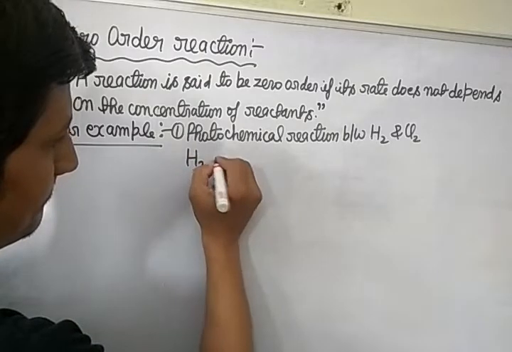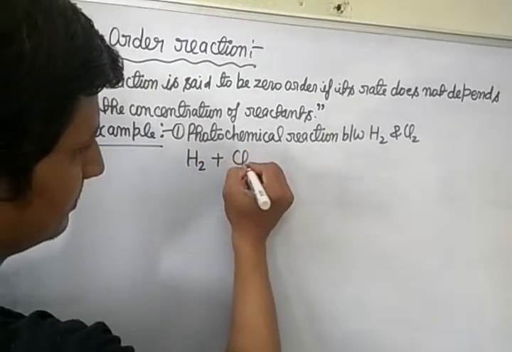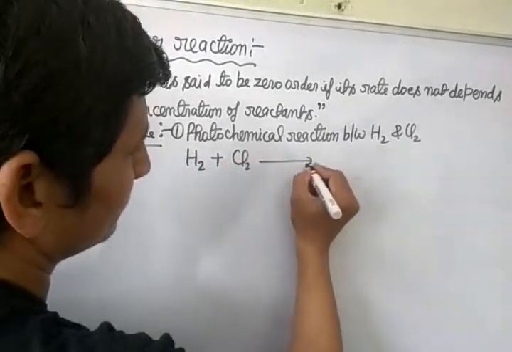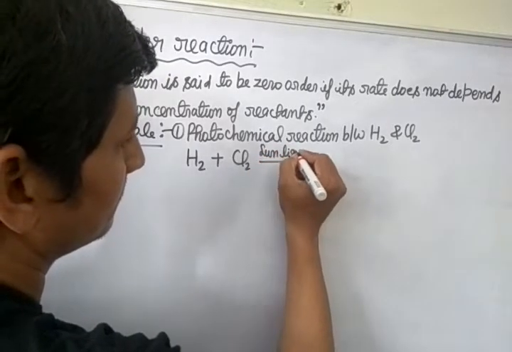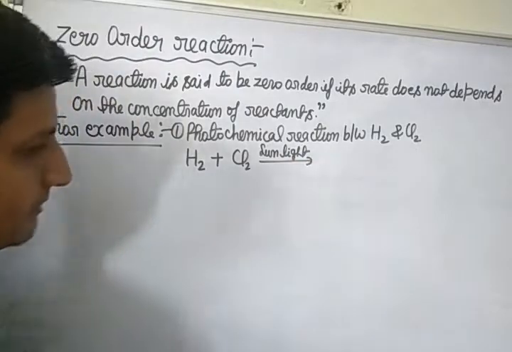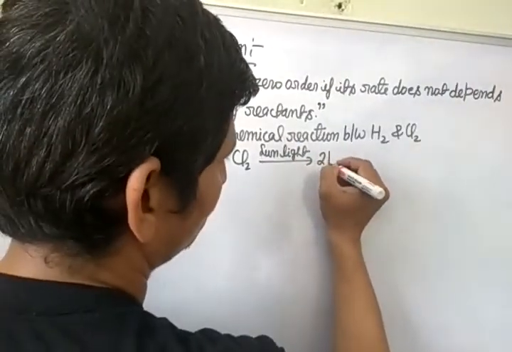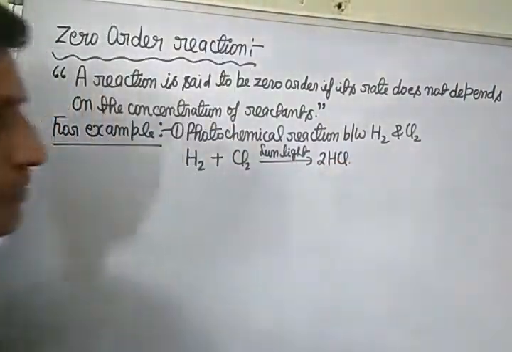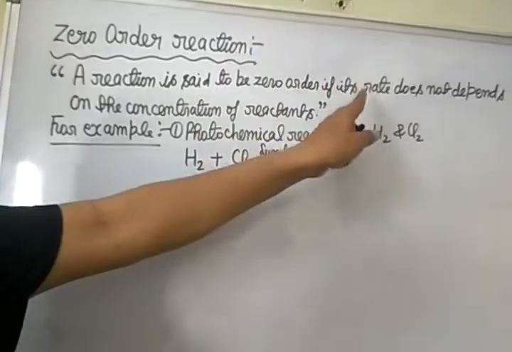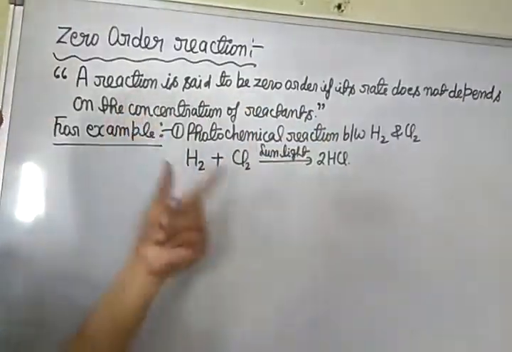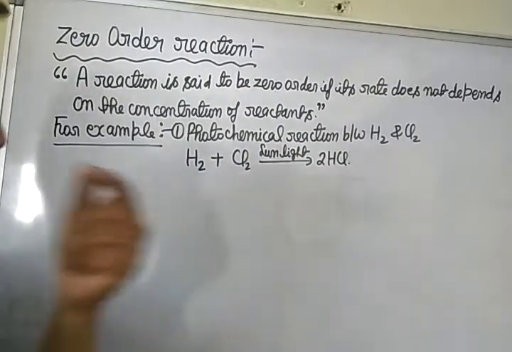H2 plus Cl2 in presence of sunlight gives 2HCl, which is a zero order reaction. In this reaction, the rate does not depend on the concentration of reactant.